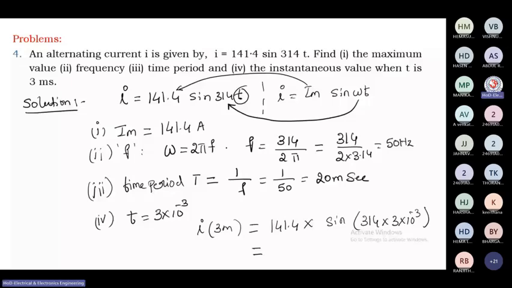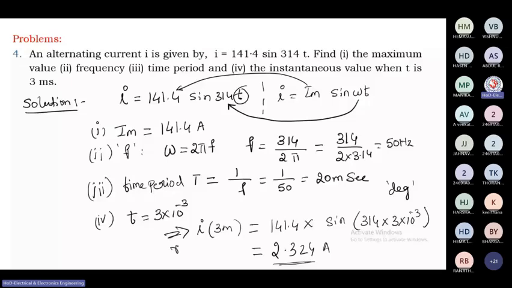This is what you are getting. So the only thing you have to do, if you get this answer, that means your calci is in degrees. So you have to change your mode of your calci to radians. Then you will get the correct answer here.